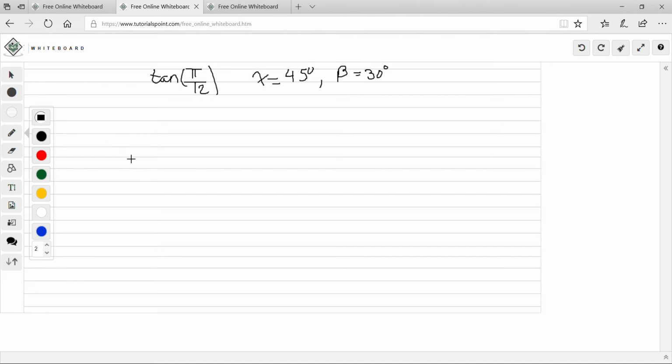Okay, so tangent of alpha minus beta. We're going to use the difference of tangent, where alpha equals 45 and beta equals 30 degrees. That equals tangent of alpha minus tangent of beta, divided by 1 plus tangent alpha tangent beta.